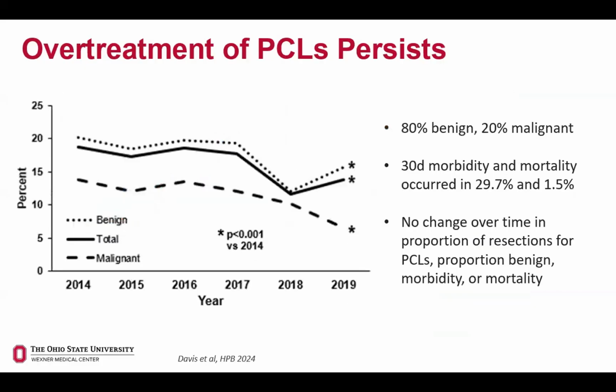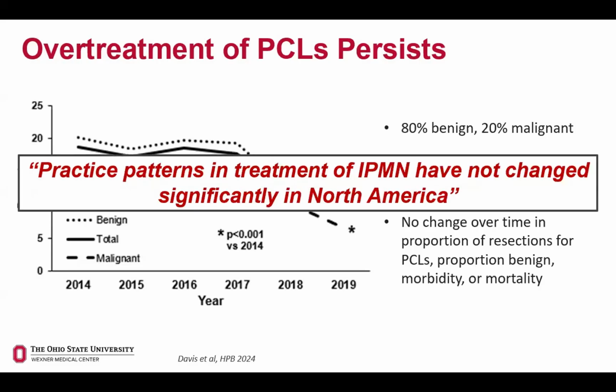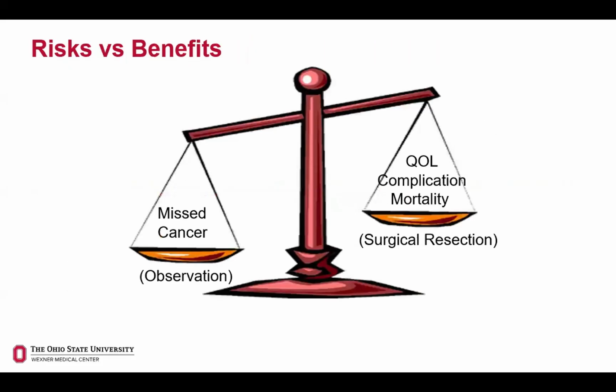And this is an updated analysis just from last year, which again shows a very similar trend, that the proportion of resected patients with cystic disease and among cystic patients with benign pathology has really not changed over time. So in summary, practice patterns in the treatment of IPMN, of all pancreatic cystic disease, have not changed significantly in North America.